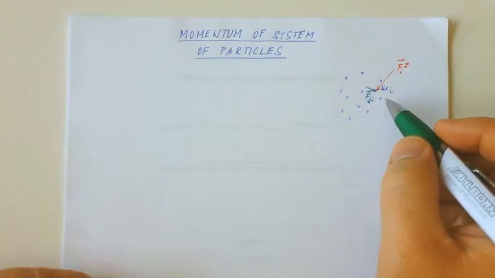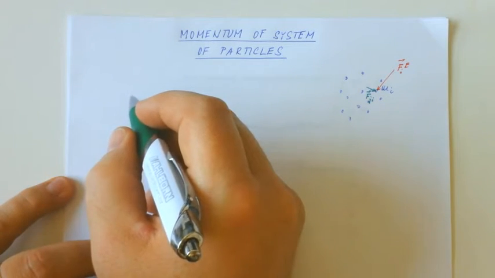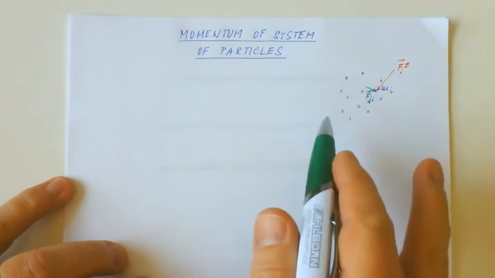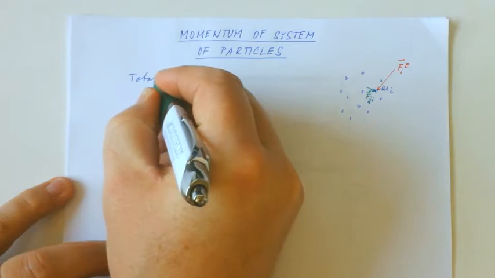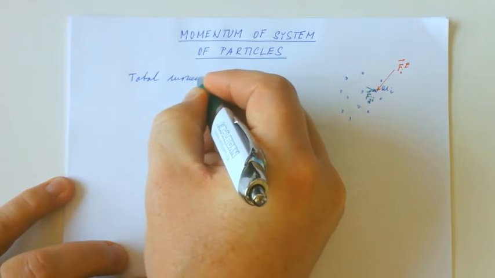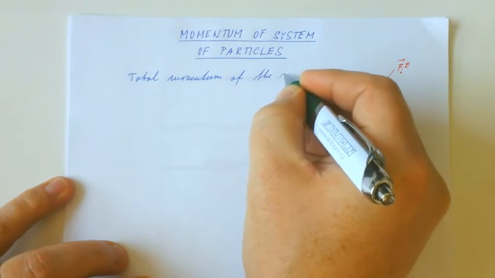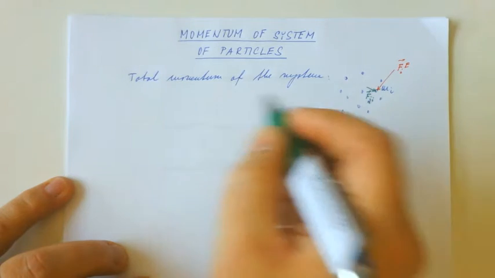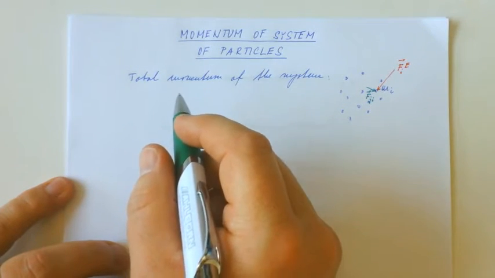Okay, so the total momentum of the system is given by the sum of all momentums of particles.